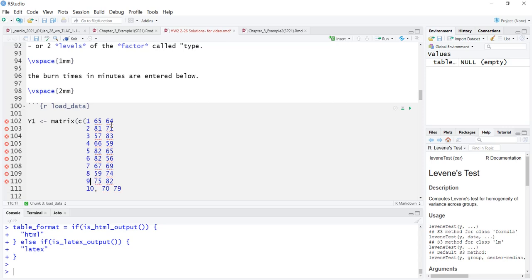Now, comma, I can come up to the top here, comma, comma, comma, comma. Ooh, too far. Now, just a space. I like to line things up.